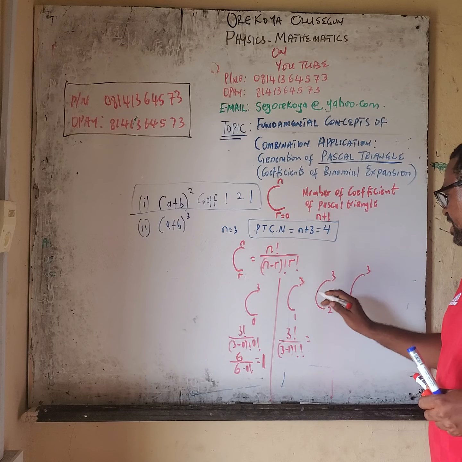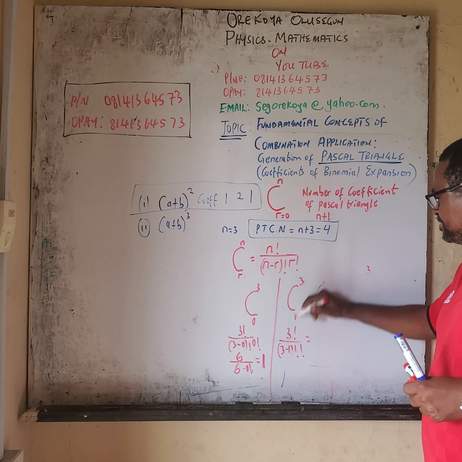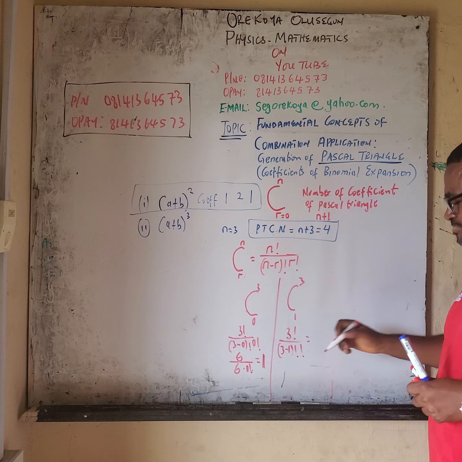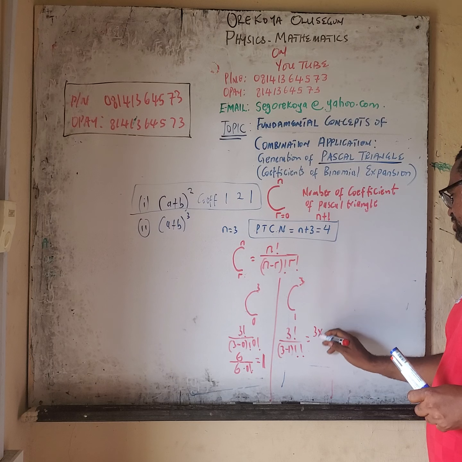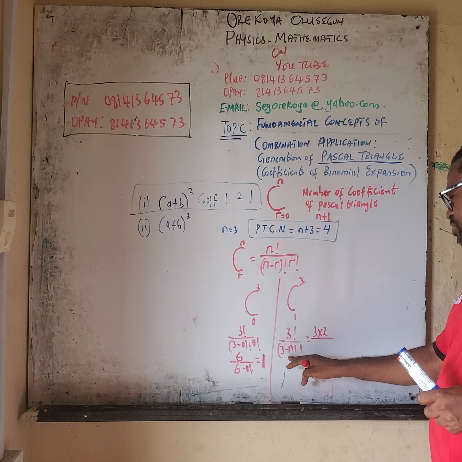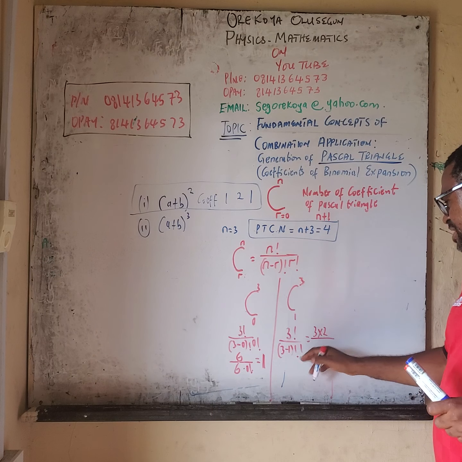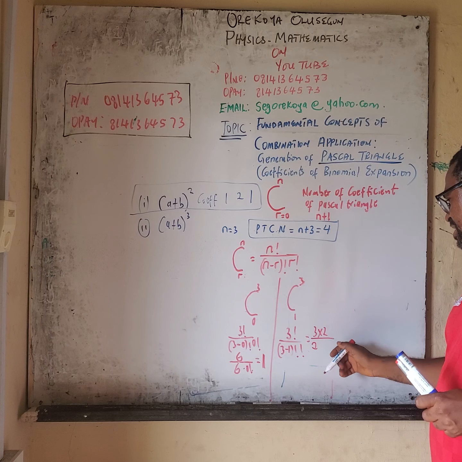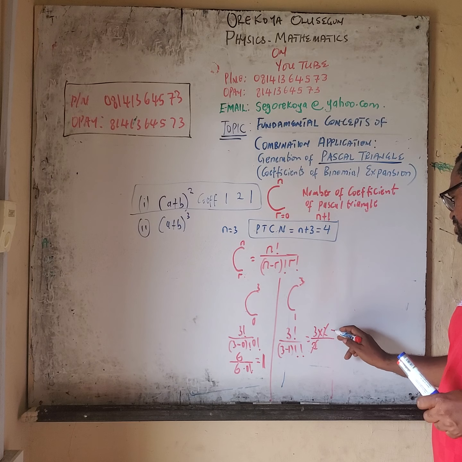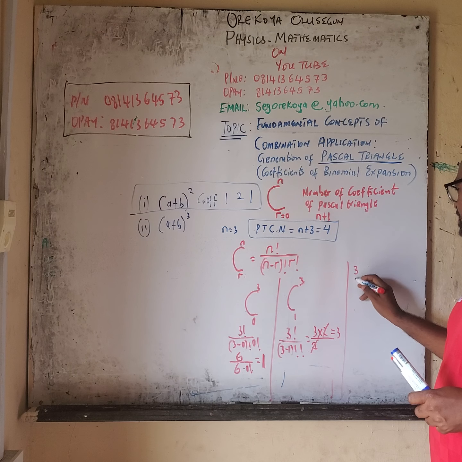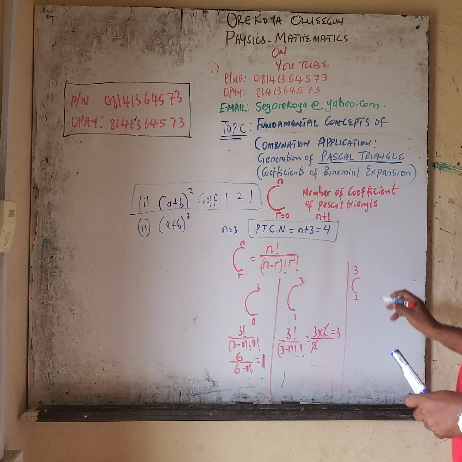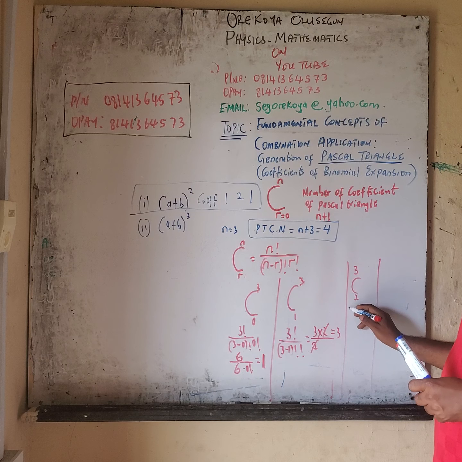So 3 factorial is 3 times 2, divided by 3 minus 1, which is 2 factorial, that gives us 2 times 1 factorial, that is 1. So these 2 cancel these 2. So we have 3.